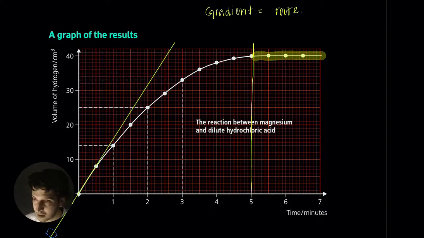Okay, I'll make a tangent and I'll figure out the gradient of that tangent. I'll use any 2 points on it to figure out. One is 0, 0. The other is, I want to pick this one, right?